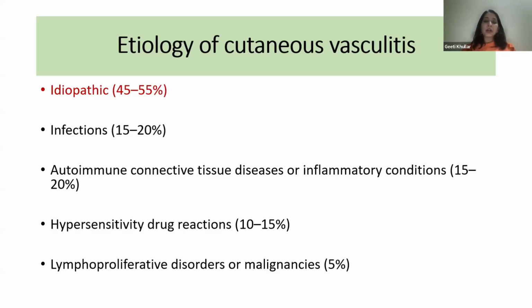So basically, cases which are refractory, which come back again and again, and do not get resolved with our conventional immunosuppressants or immunomodulators, and the patients keep on having recurrent lesions, should be evaluated for malignancies and associated CTDs. Otherwise, we all know that cutaneous vasculitis is usually a self-limiting condition. So in most cases where it is idiopathic and no etiology is found, these are often self-limiting.